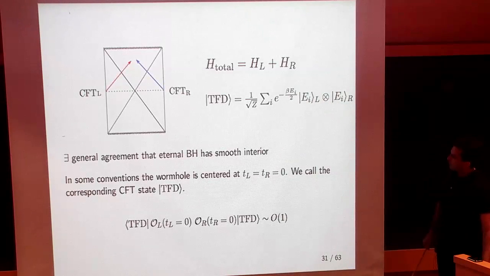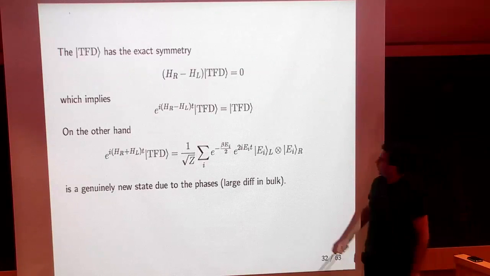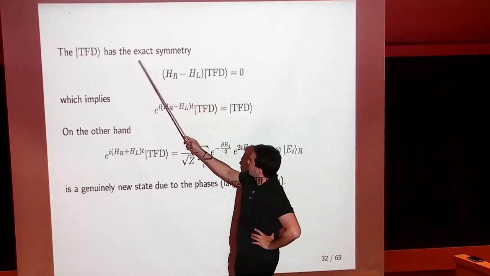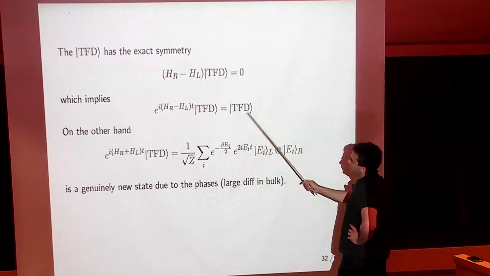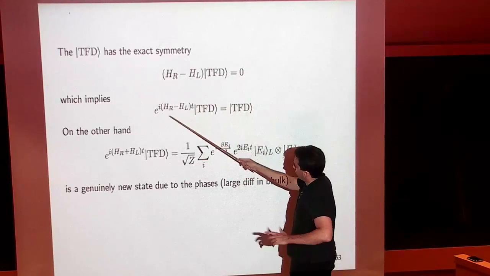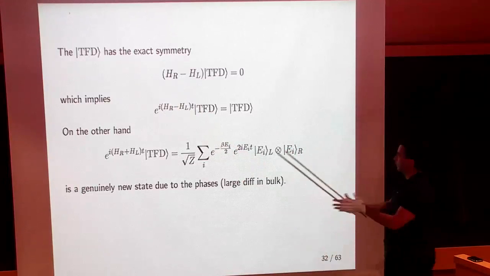And now I want to start changing the state. First of all, let me notice that the thermofield state has an exact symmetry, which is that it is annihilated by this combination, which is related to the fact that it is invariant under time translation with this combination. And this is related to the Killing isometry in the bulk.